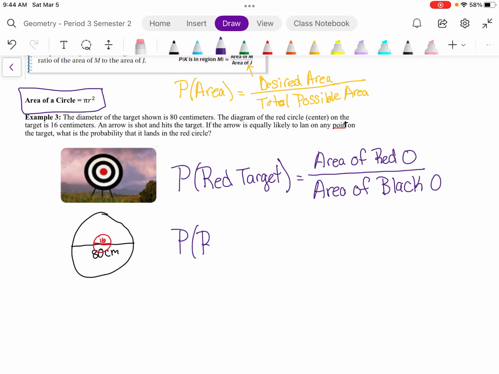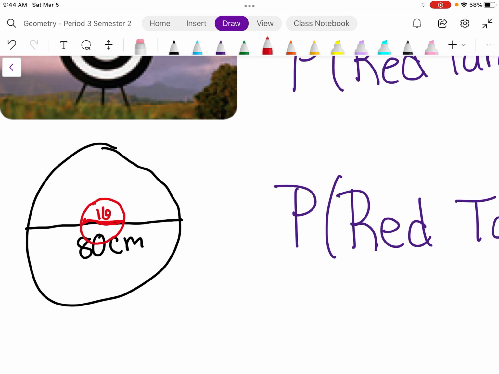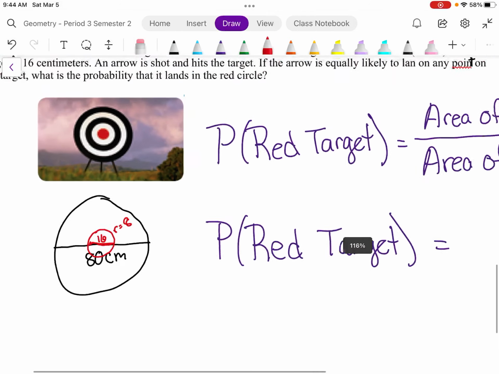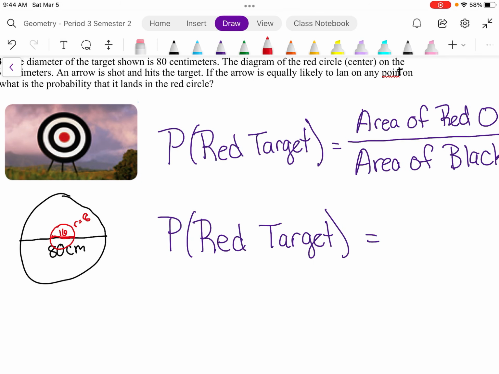So the probability that it lands on the red target, and the area of a circle is pi r squared. And remember, the r is half of the diameter. So our radius for the red one is going to be 8. So our area for this is going to be pi 8 squared all over, and the area of the black circle, the radius of that would be 40, would be pi 40 squared.